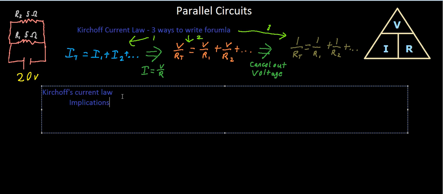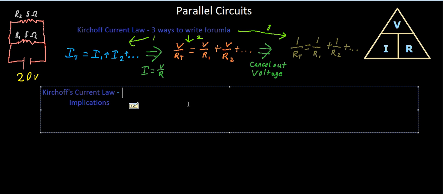So the actual law is just the first formula, and that is the individual currents, or we'll say in a parallel circuit, the individual currents combine to the total current, or let's say add up to the total current. And of course, its implications are simply the other 2 formulas. That's what the implications are. They're just the other formulas.